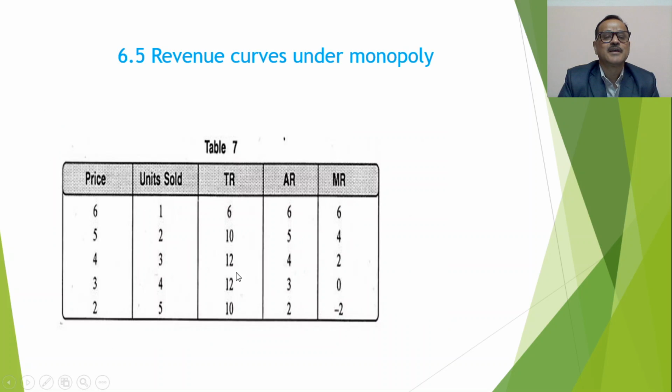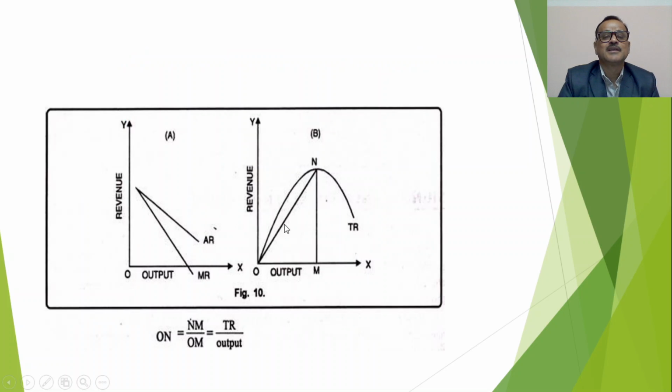You can see TR at the third unit 12, at the fourth unit also 12 constant, and at the fifth unit it decreased. So TR is diminishing after the sales of fifth unit of goods at the price 2. So you can see TR increasing at the increasing rate and at the decreasing rate, remaining constant and now diminishing. This is TR.